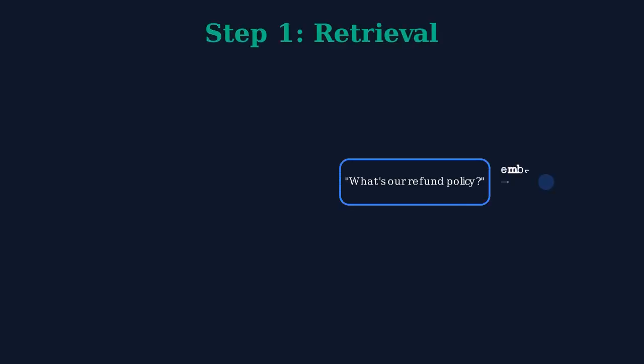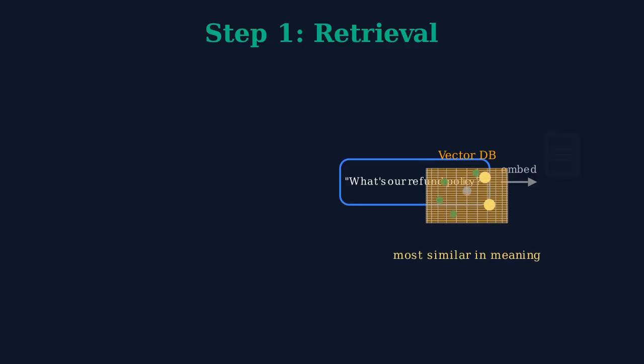The next process is retrieval. When a user asks a question, that question is also converted into a vector using the very same embedding model. The vector database compares this question vector to all the stored document vectors we created during indexing and returns the chunks with the most similar meanings. It's not just matching keywords.